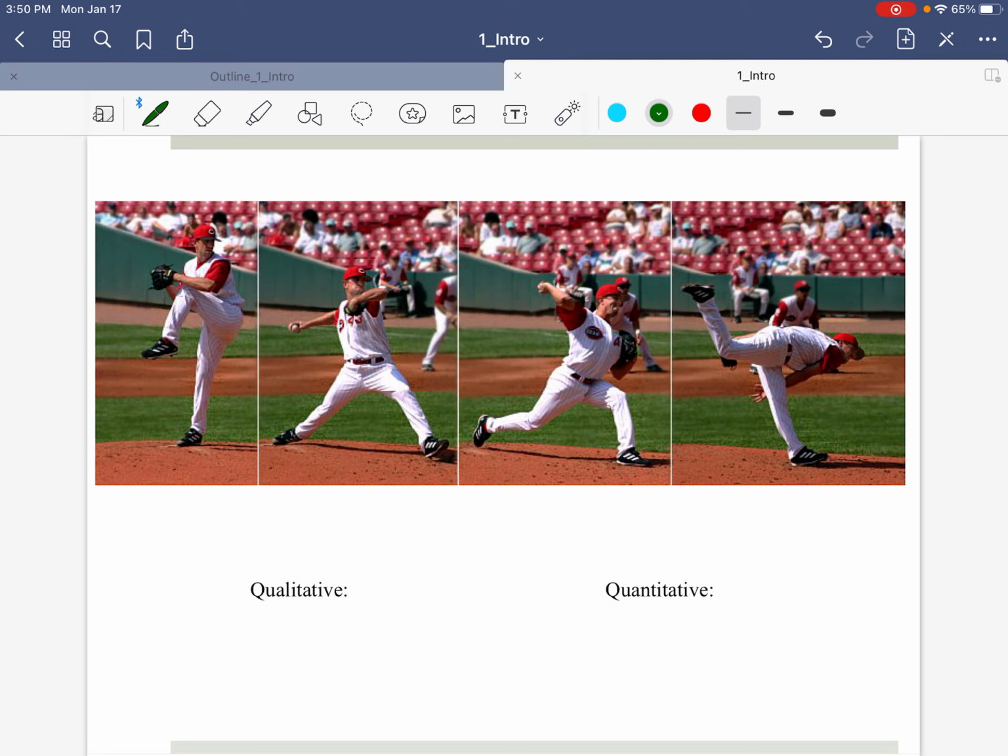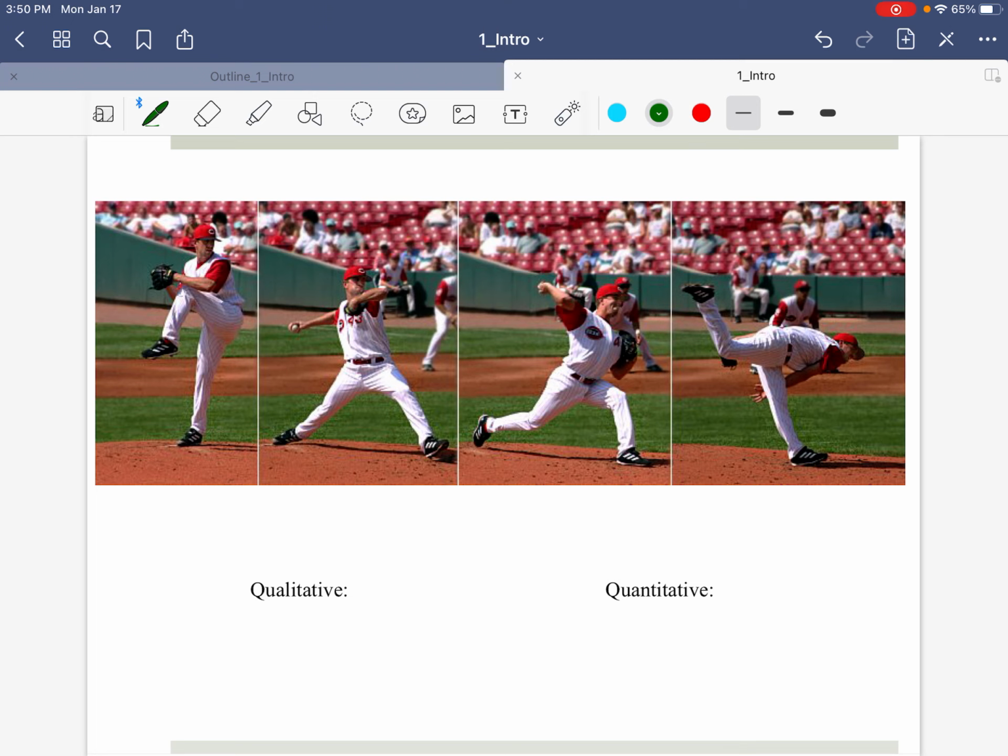Quantitative here, the amount of torque generated at the shoulder and the elbow during the cocking and deceleration phase. Quantitative, the distance in inches of the stride during the pitch.